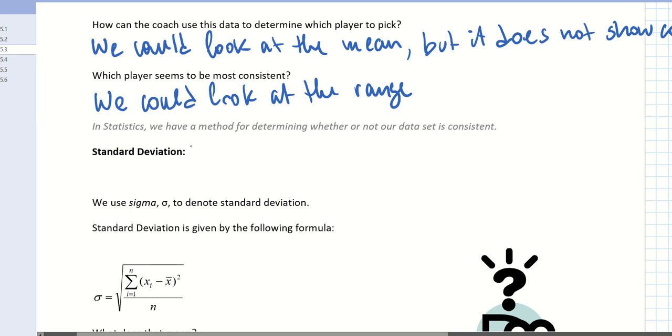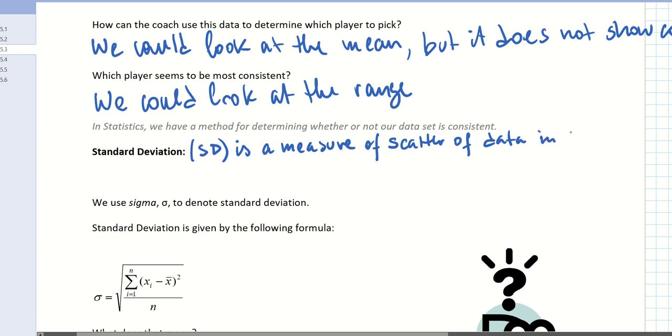So standard deviation, or SD, is the measure of how scattered the data is, in relation to the mean. So in relation to the average.